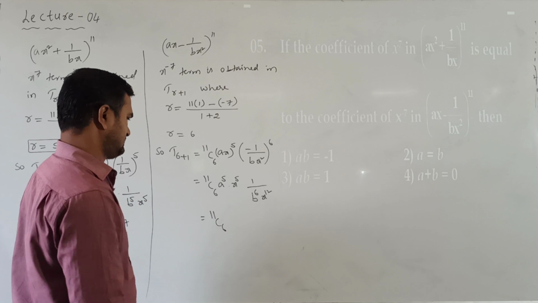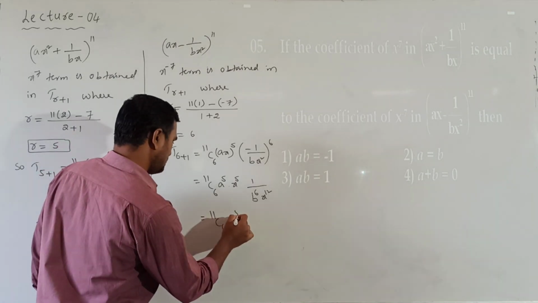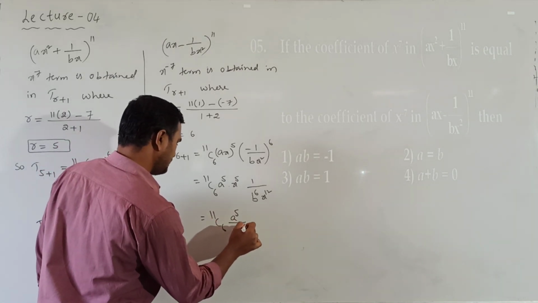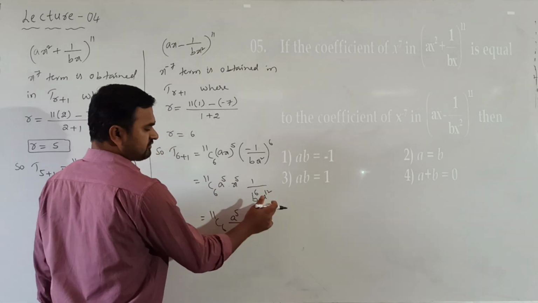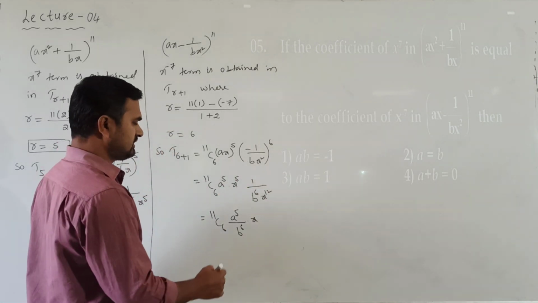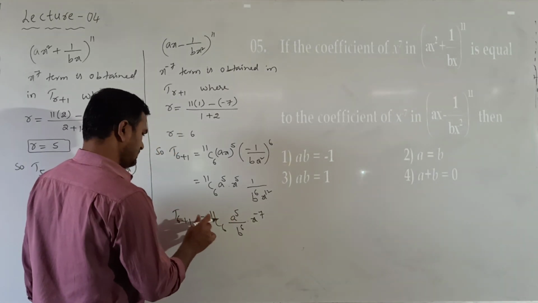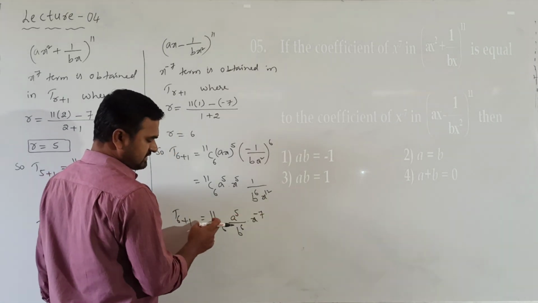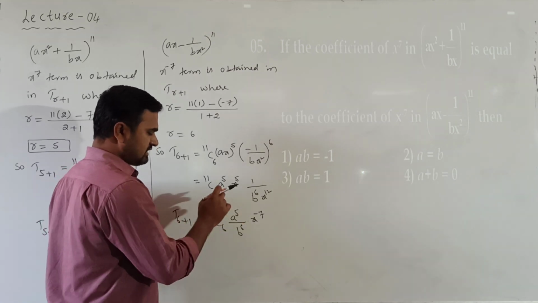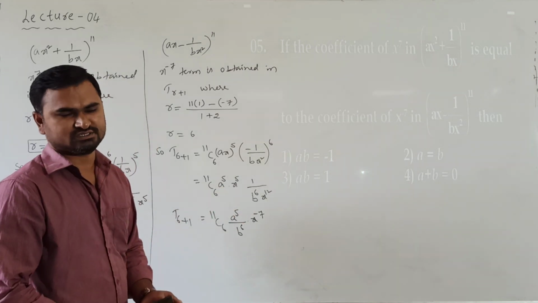So 11c6 a power 5 divided by b power 6, x power 5 divided by x power 12, x power minus 7. So what is the coefficient of x power minus 7 here? 11c6 a power 5 divided by b power 6.